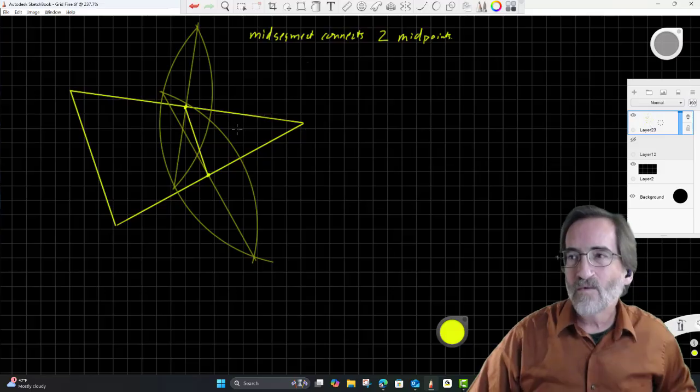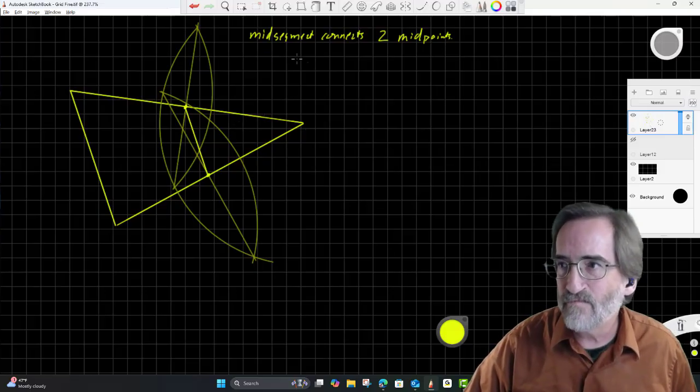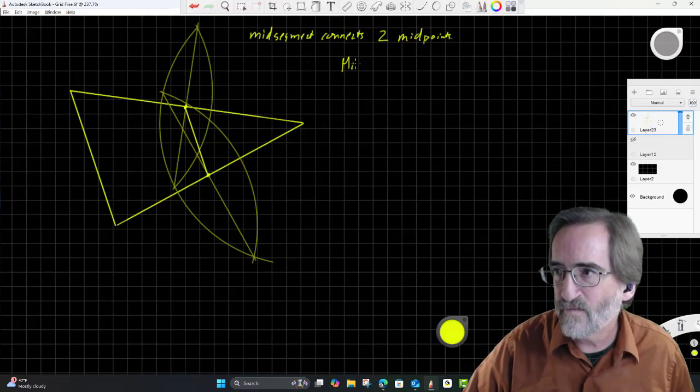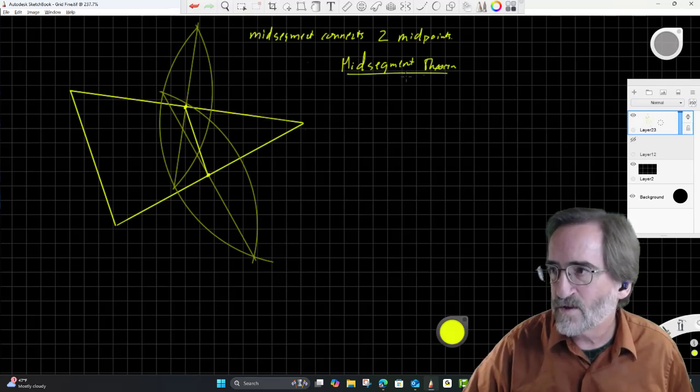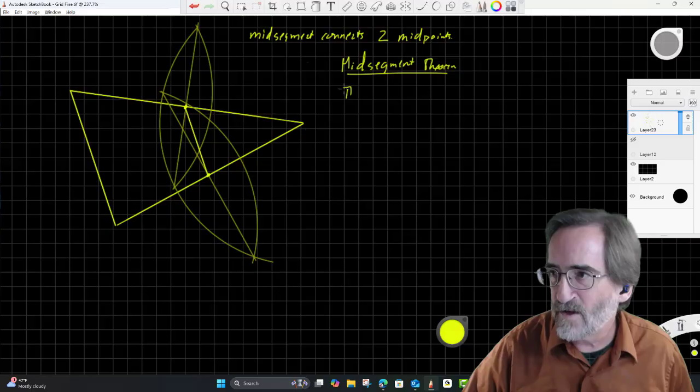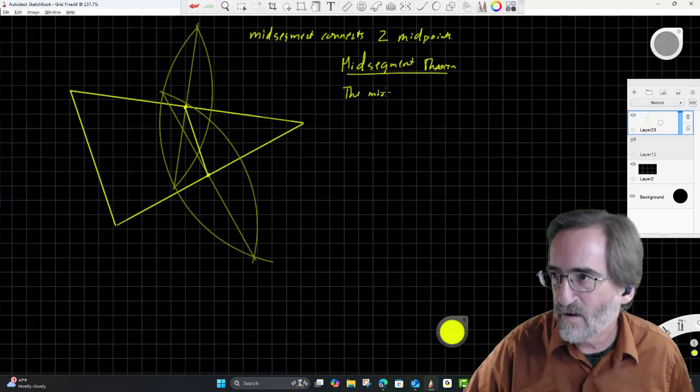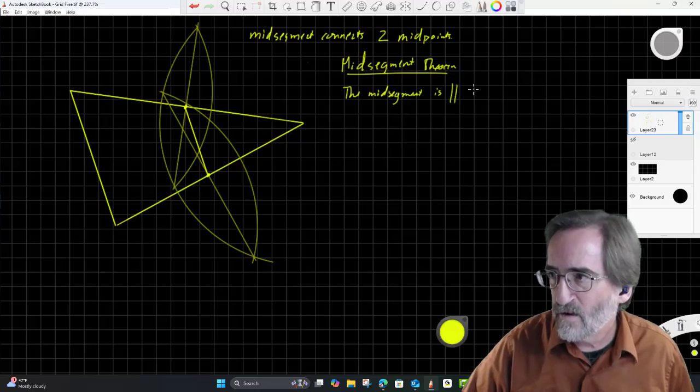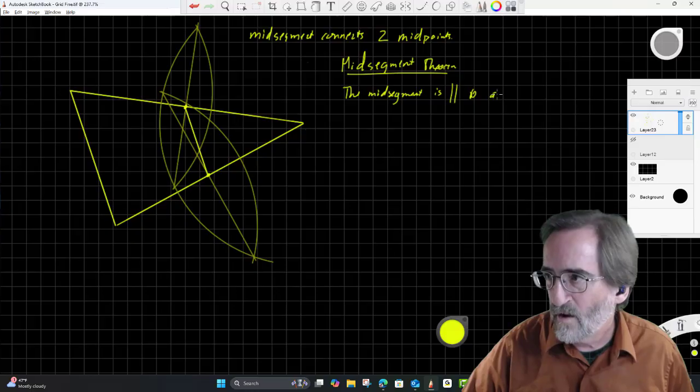Okay? And what I wanted to prove is something called the mid-segment theorem. Which says the mid-segment is parallel to and 1/2 the opposite side.